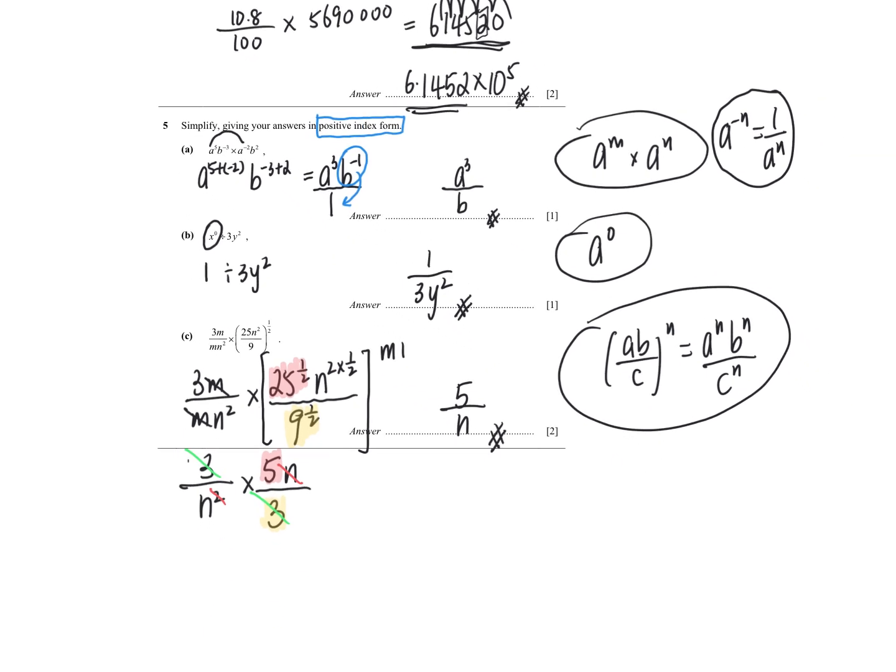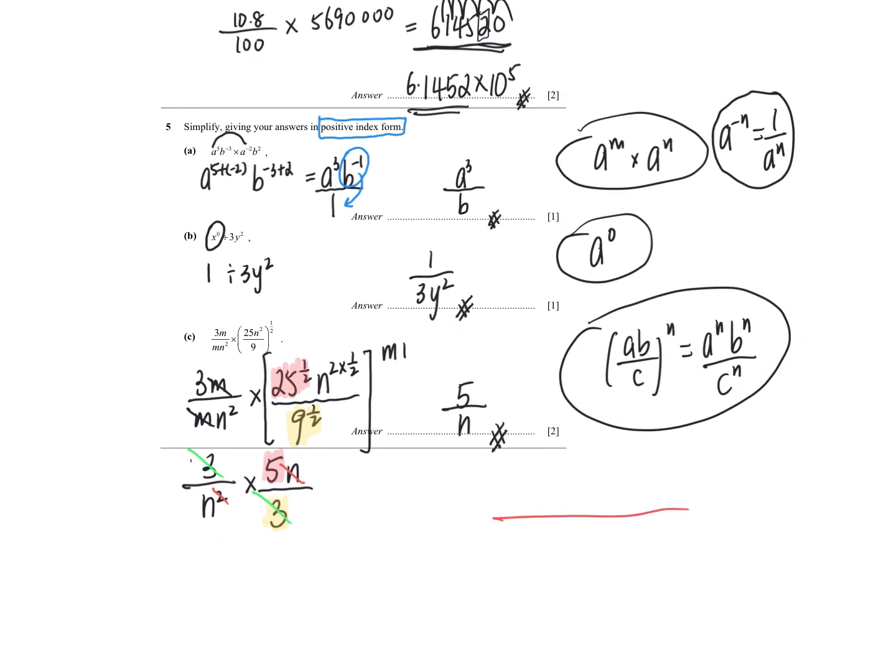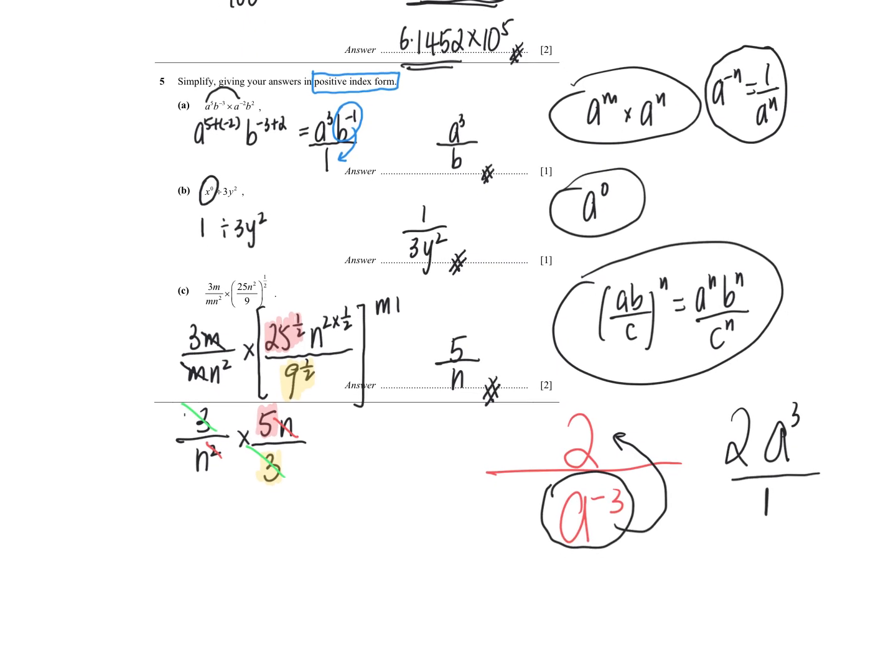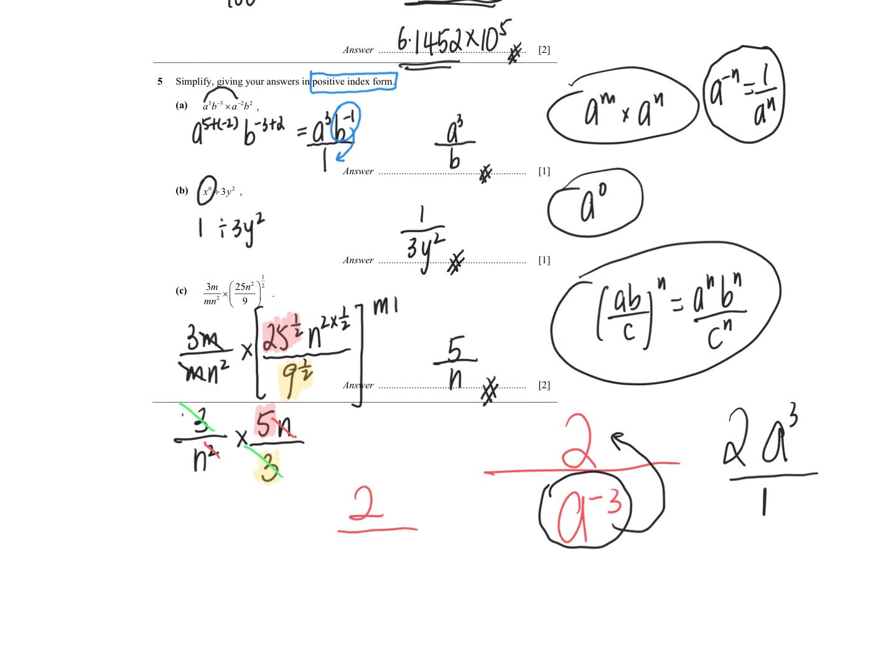Okay, what if my negative power is at the bottom? Then you will bring it up to become positive power. The 2 stays where it is. Don't go and shift other things. Okay, and then this is just a 1. Nothing left there. Because it is the same as this thing.